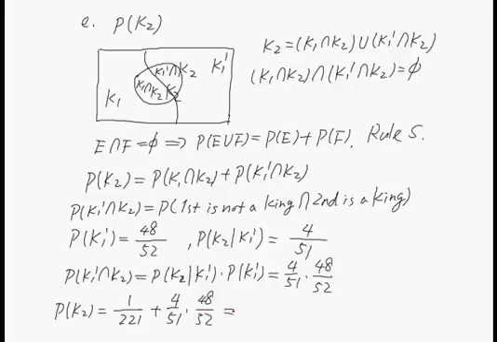Then you simplify, you get 1 over 13, and this is approximately equal to 0.076923.